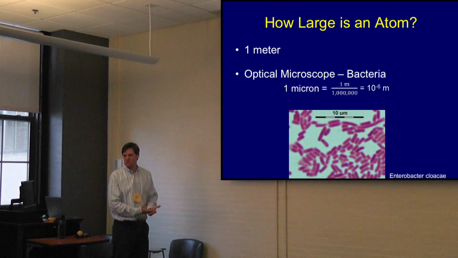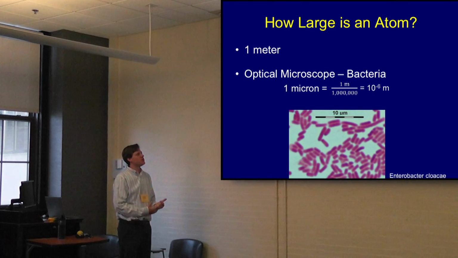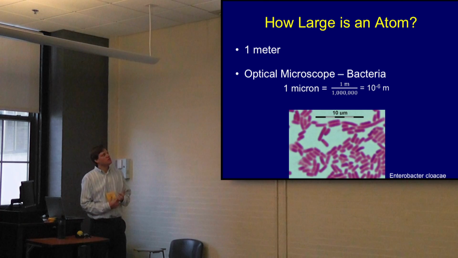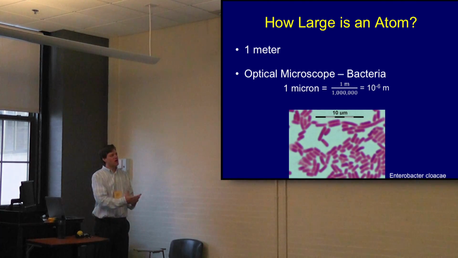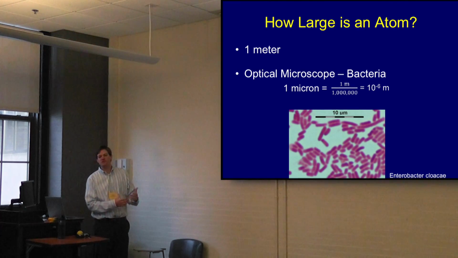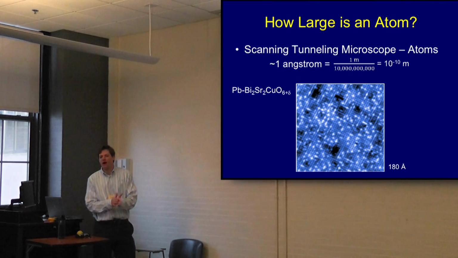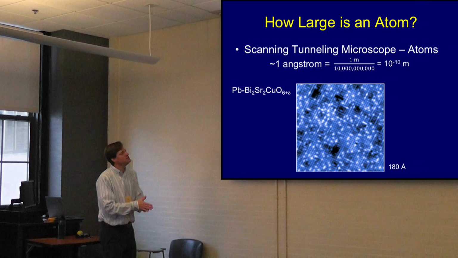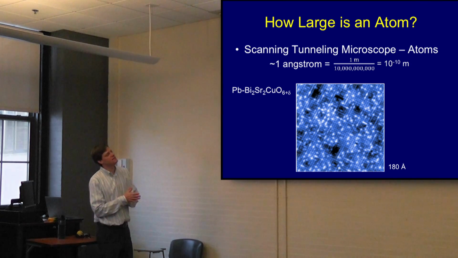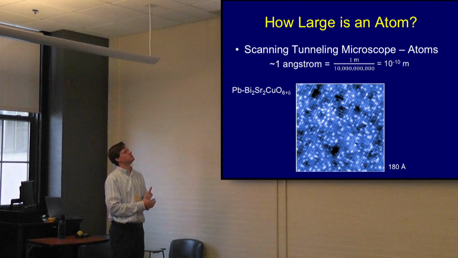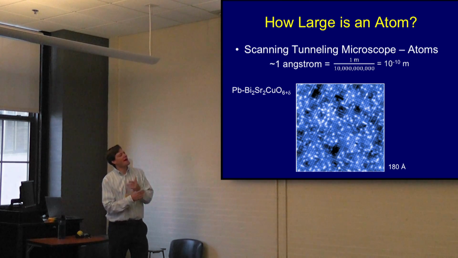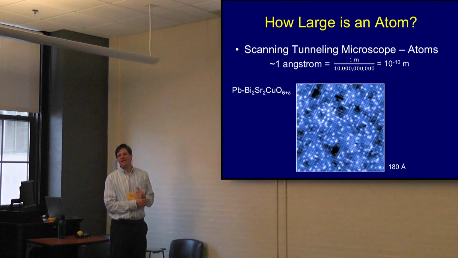Now, if we want to go even smaller, so atoms, considerably smaller than bacteria, we need to utilize other techniques. An optical microscope can't see atoms. But if you use something called a scanning tunneling microscope, then you can see the atomic structure of materials. And we say atoms are on the order of the size of an angstrom.